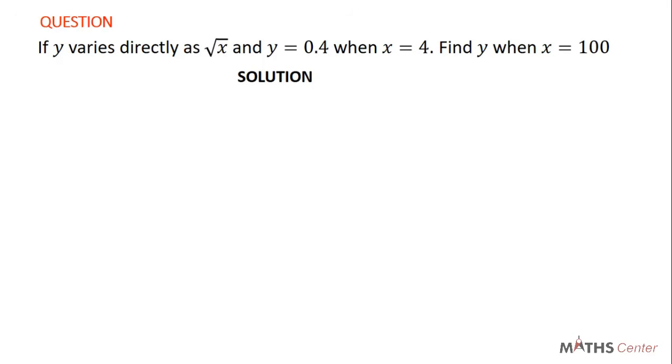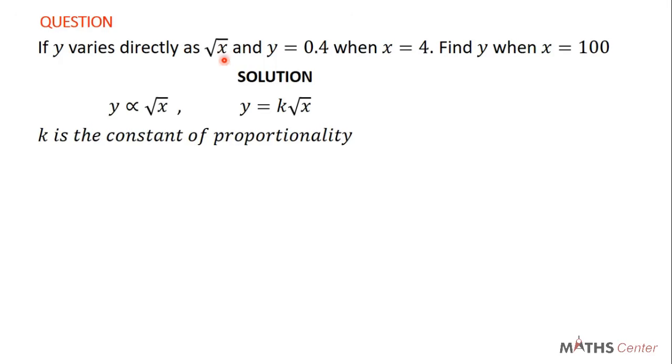In this question, we are being told that y varies directly as the square root of x. This means that y is proportional to the square root of x. In order to replace this proportionality sign with an equal to sign, we introduce the constant of proportionality. The constant of proportionality I'm using here is k.